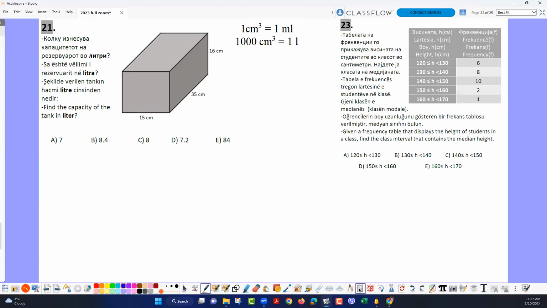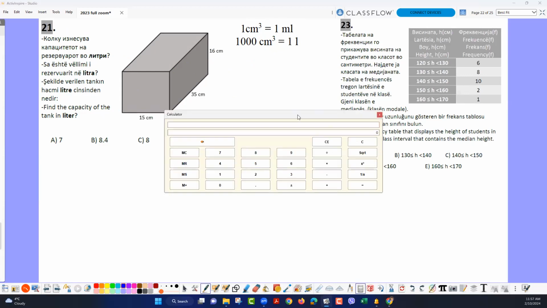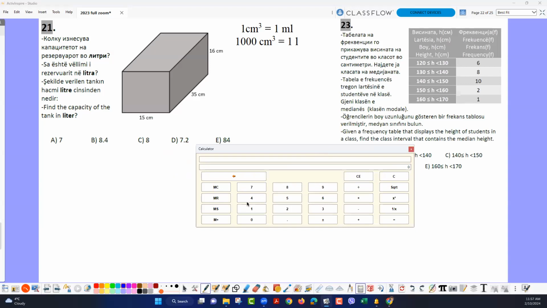So firstly, I'm going to use the calculator to find 15 times, because for finding the volume, you should multiply width, length, and height. Then 15 times 35 times 16, I should find.